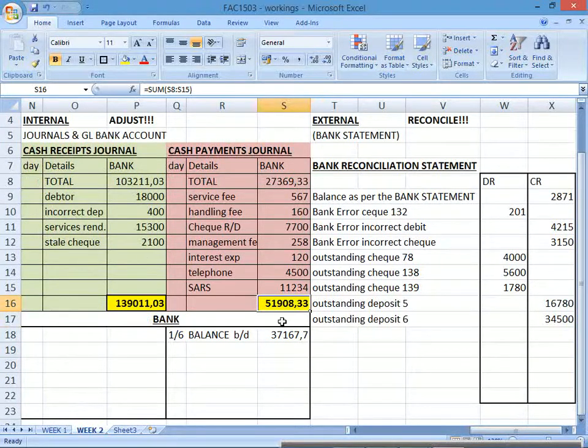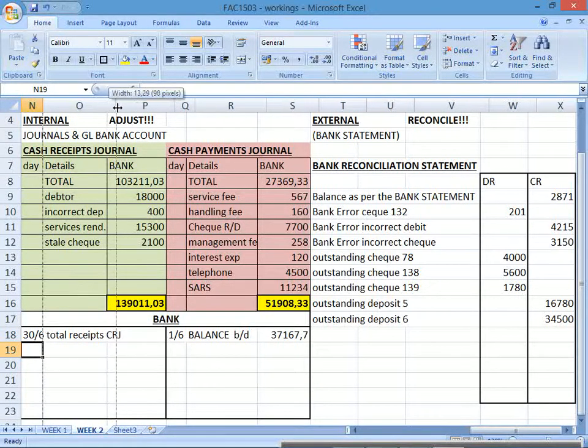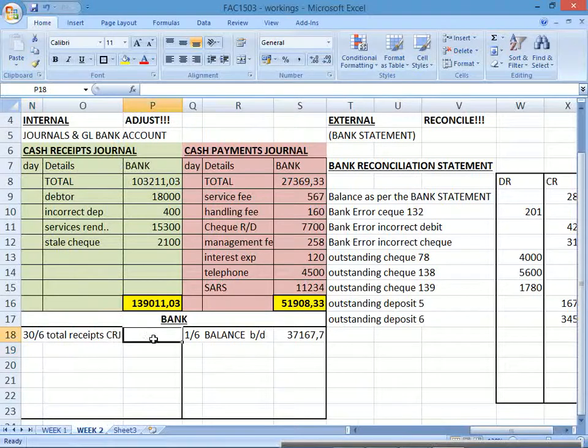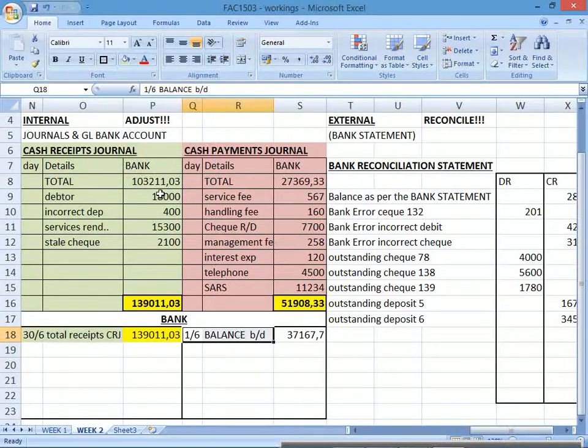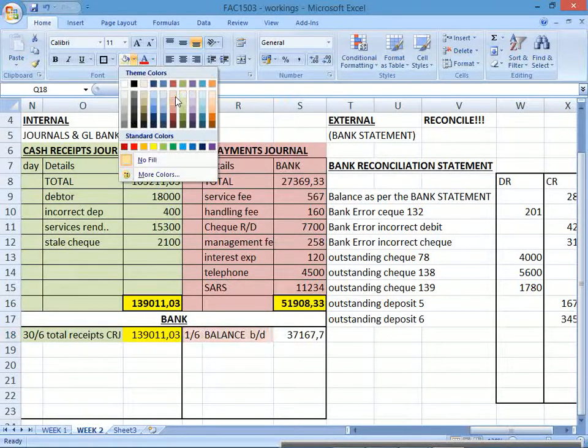Right, what are the receipts going to do to the bank account? Increase the bank. So on the 30th of the 6th, total receipts, CRJ, that figure over there. Okay, receipts increase the bank account. Payments decrease the bank account.